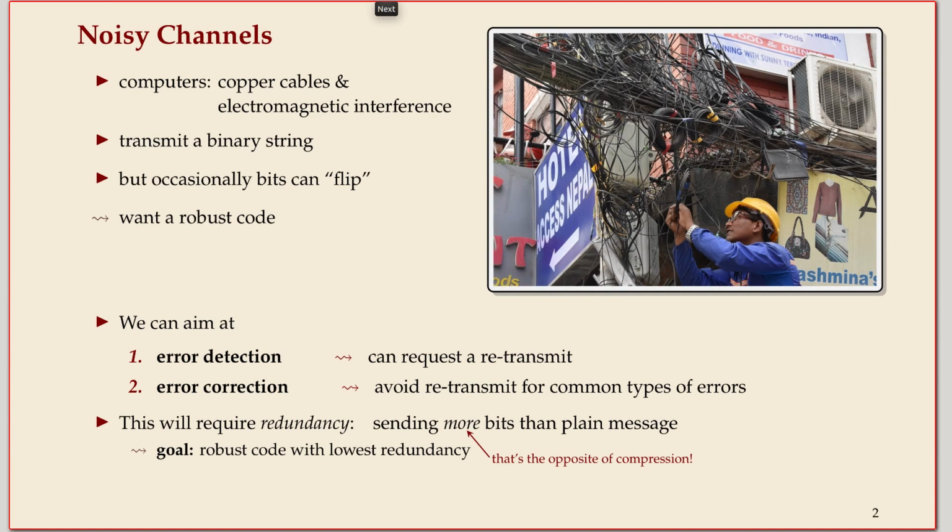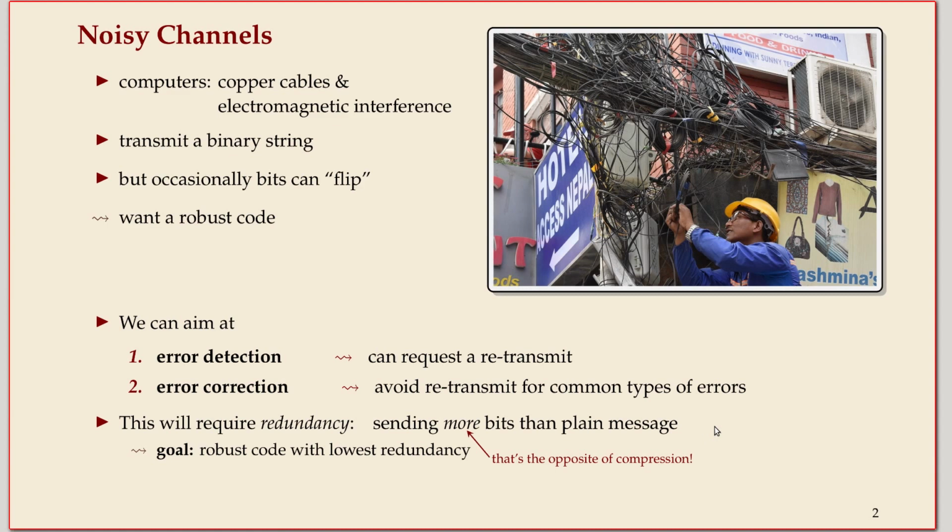One thing that is clear is there's no free lunch, like we've had for compression. We can't get these things without investing something. And in this case, we will have to add redundancy to the messages that we send. I'll draw the full picture on the next slide where it's more appropriate.